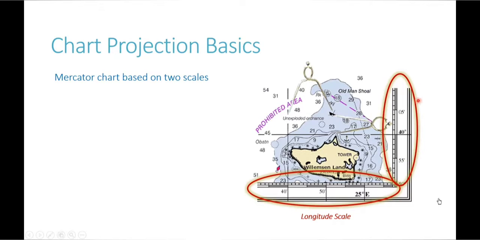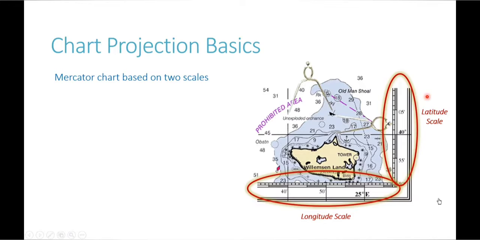Again, it is encircled. So the scale at the bottom, the horizontal one, is known as the longitude scale. The vertical scale on the right side of the chart is known as the latitude scale. So these are the two scales on which the Mercator chart is based.